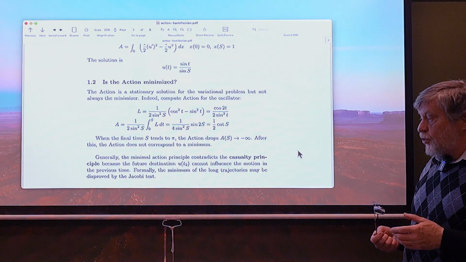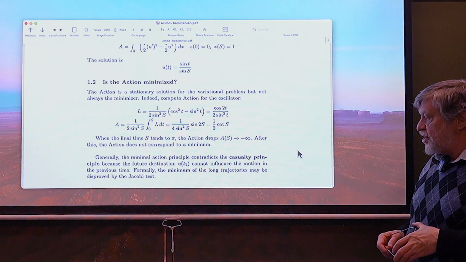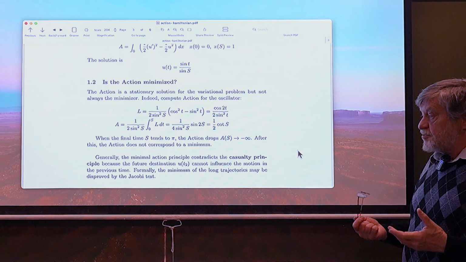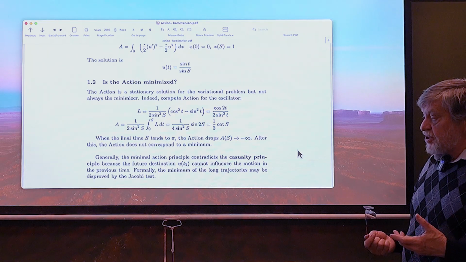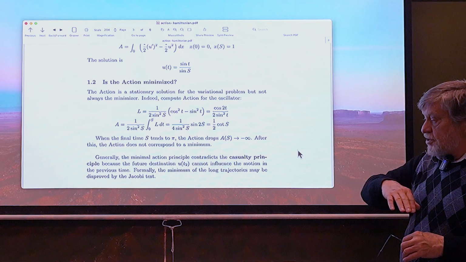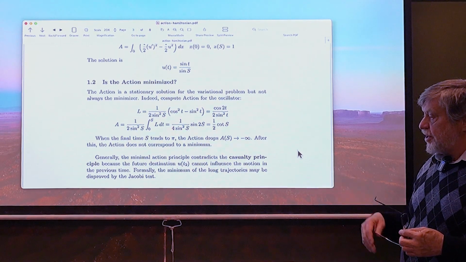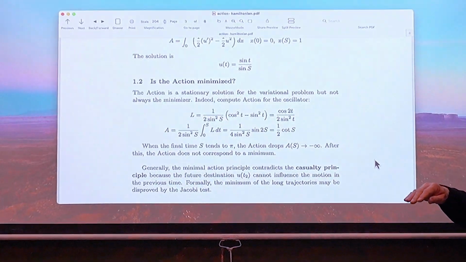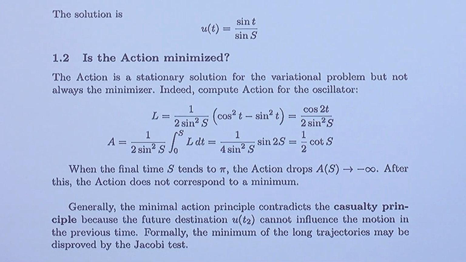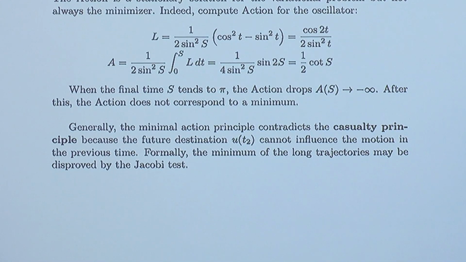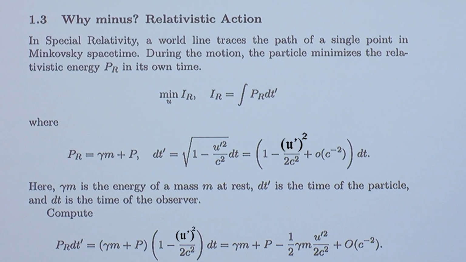And from a formal viewpoint, the minimum of a long trajectory might be disproved by a special test called the Jacobi test, which basically compares this stationary trajectory with a slightly varied trajectory, but the variation is not local. It just finds the best non-local variation.